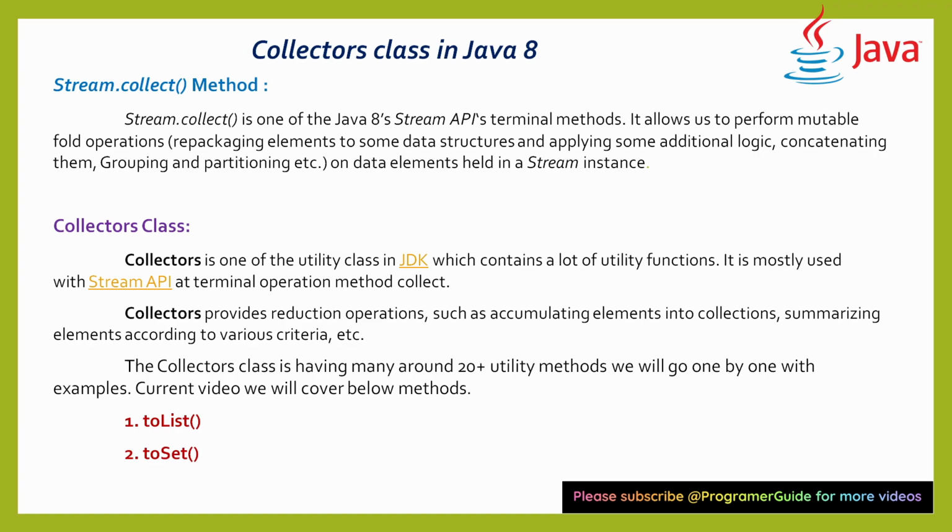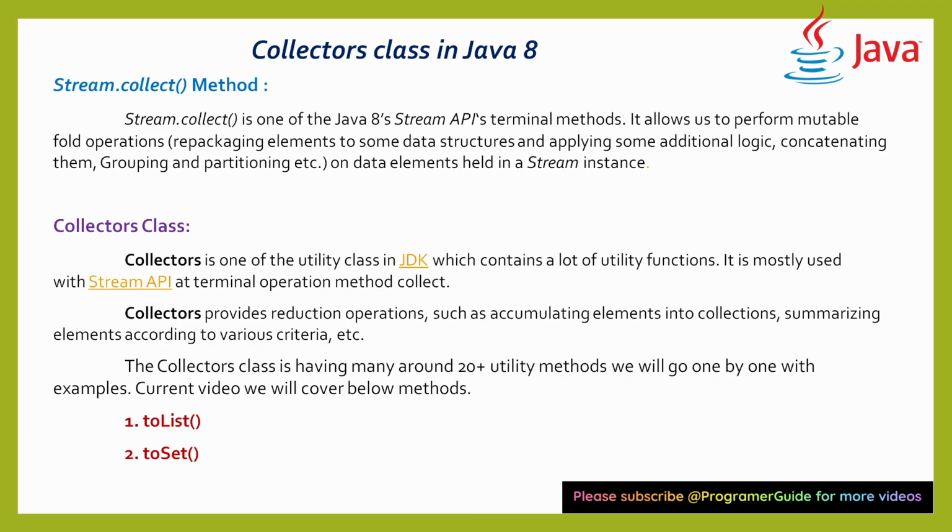That means repackaging the elements into some data structure, applying some additional logic, concatenating them, or grouping and partitioning, and many things are done by using collect. So all these data elements are used in the Stream API. This Stream API is important, and Collectors has the same importance.